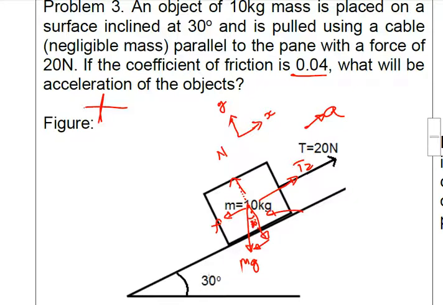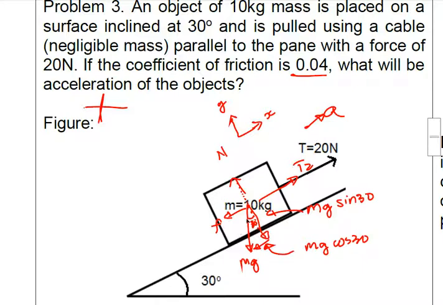Okay, so they have the same angle. So this is mg, that is mg sine 30, and this one parallel to the surface of the inclined plane is mg cosine 30. Okay, so you have there.